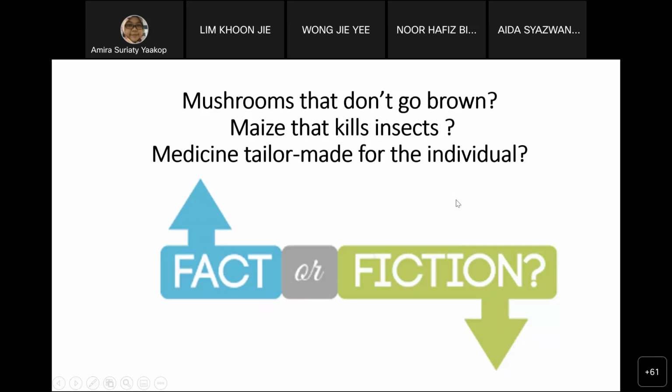But since the technology has been evolving, there are chances that we could get these kinds of traits in the future. Do you agree with me, or am I alone? Do you agree when I say something like that?